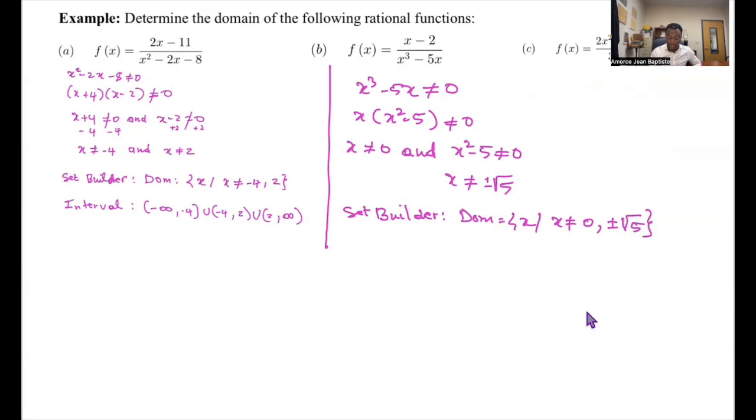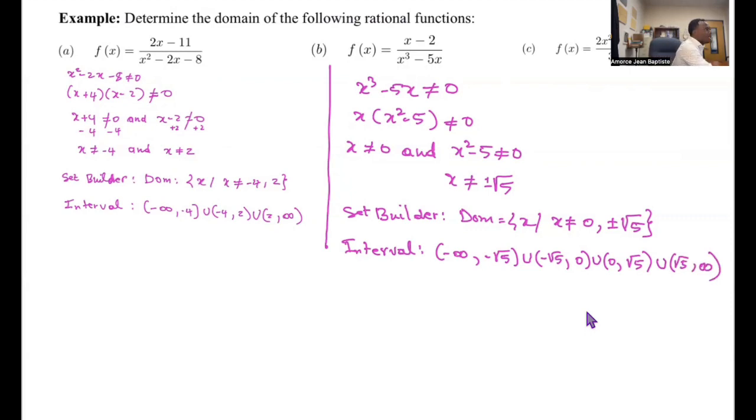In interval notation, from negative infinity to negative square root of 5, union negative square root of 5 to 0, union 0 to square root of 5, union square root of 5 to infinity. So that is the domain in interval notation.